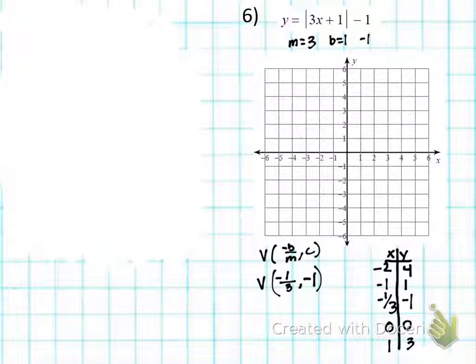It doesn't look like they'll become symmetrical, but after you plug them in, go negative 1/3 down 1 to here, 0, 0, 1, 3, negative 1, 1, and negative 2, 4.